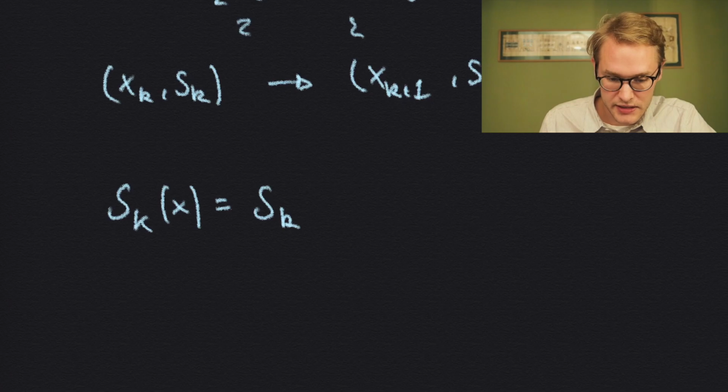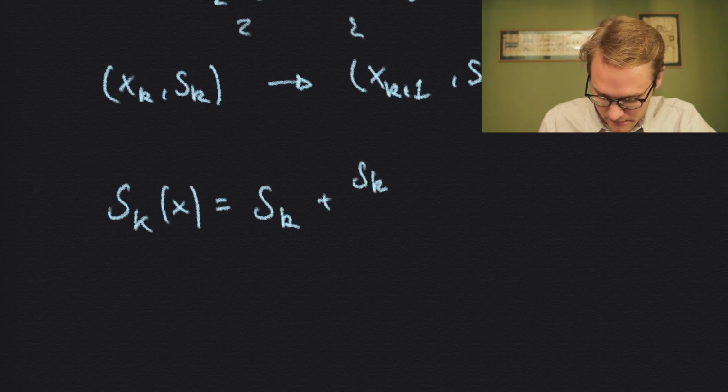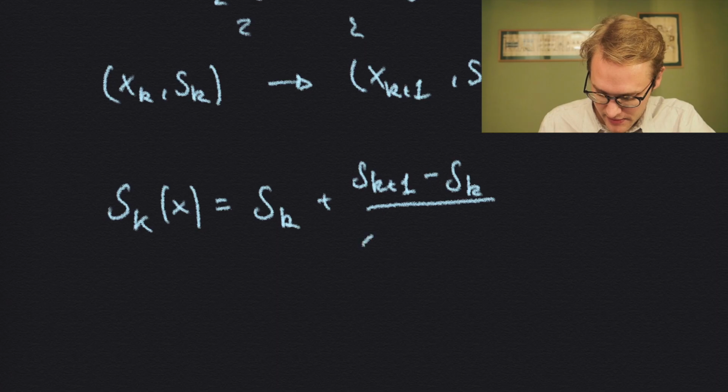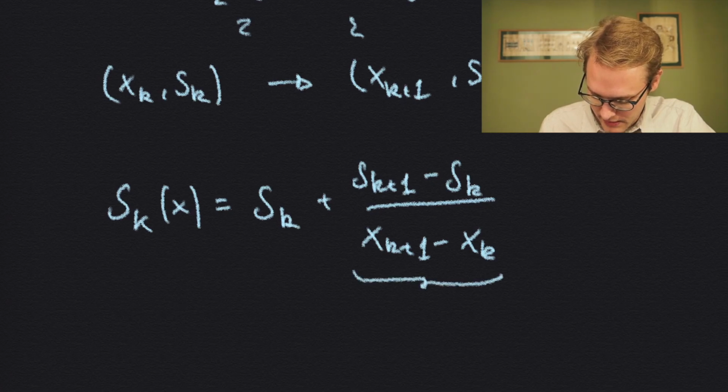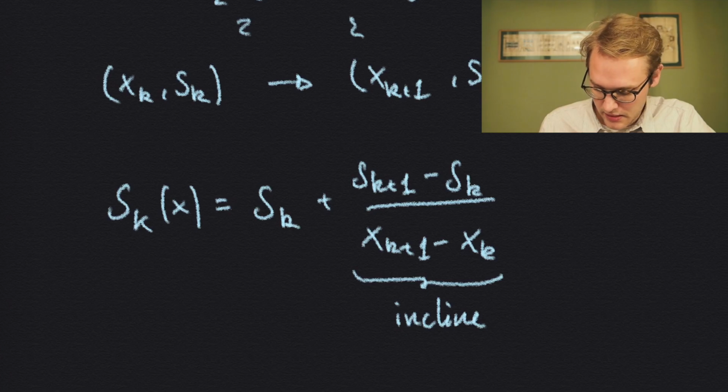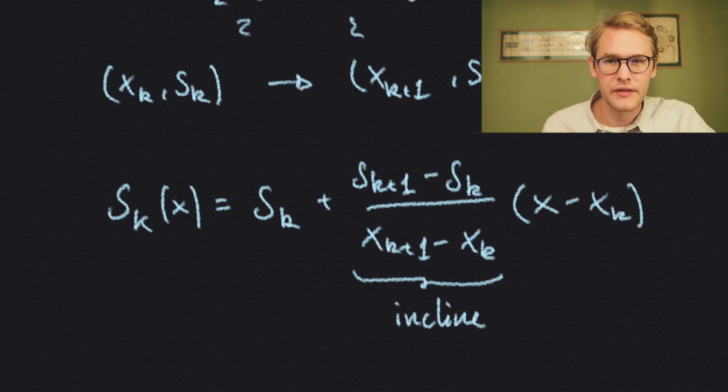You will start at this value s_k, and then you have a fraction (s_{k+1} minus s_k) divided by (x_{k+1} minus x_k). So this would be the incline. And then a typical x value minus x_k. I think this should be fairly familiar.